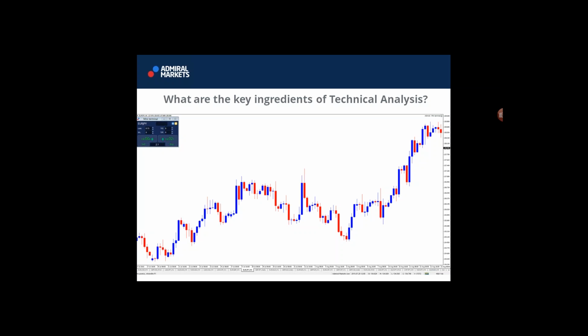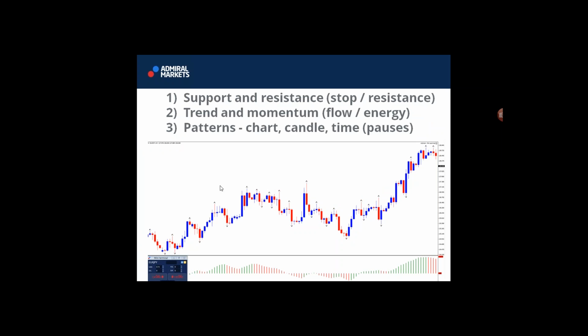But push comes to shove, if we really are forced to make groups and bundle certain tools and indicators together, is that possible? Well, in my opinion, yes. There are three major categories, and support and resistance is certainly one of them.